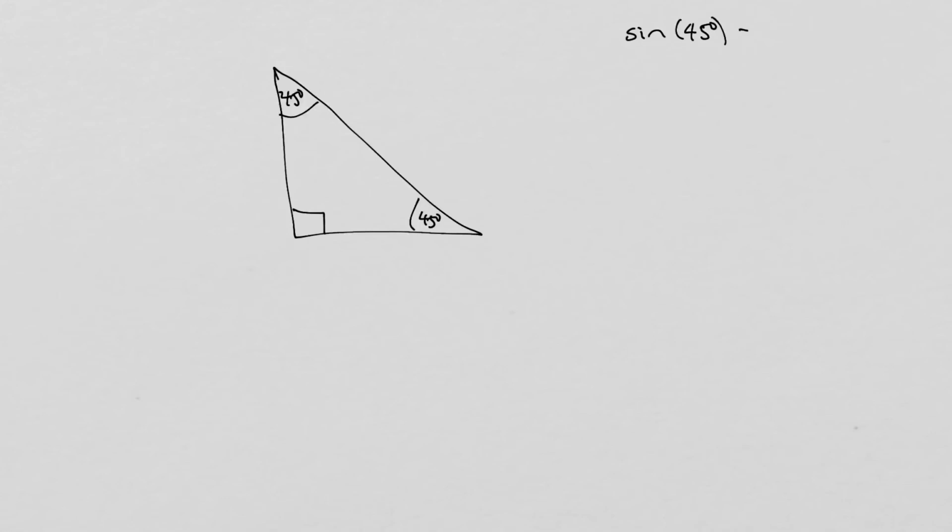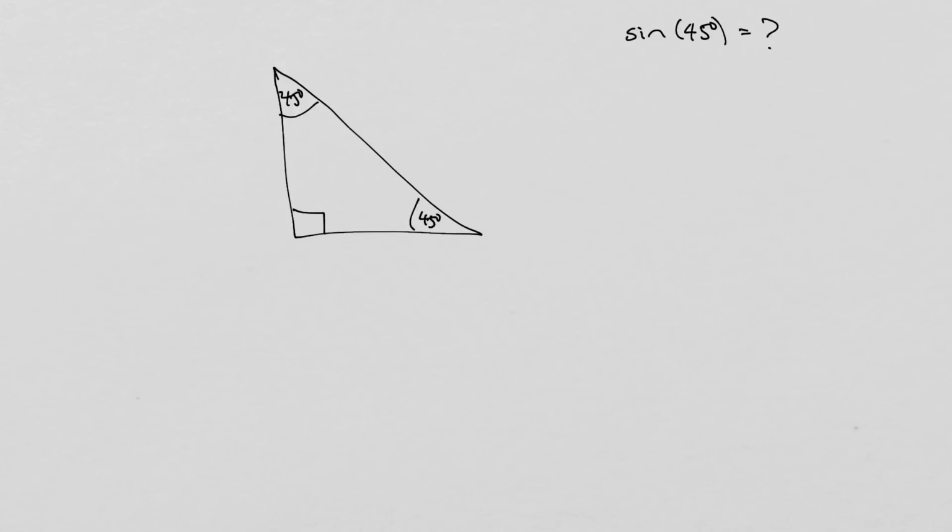So let me redraw it over here. There's 45 degrees, and I'm trying to figure out what sine of 45 degrees is going to be. Well, if it's an isosceles right triangle, then I know that this side and this side have the exact same length.